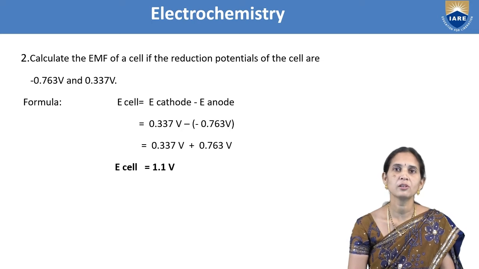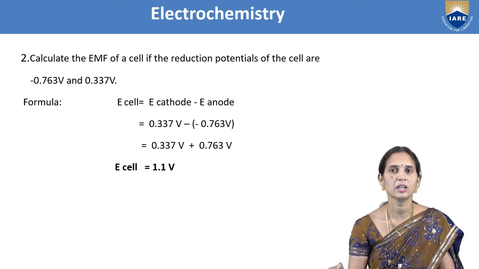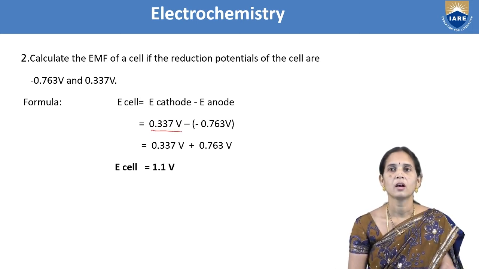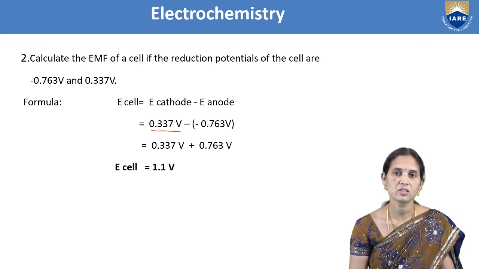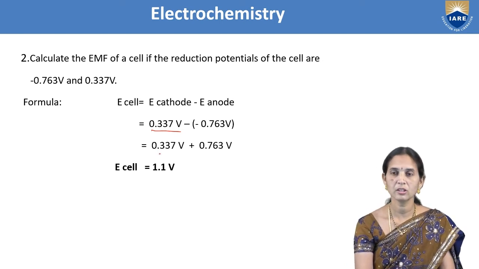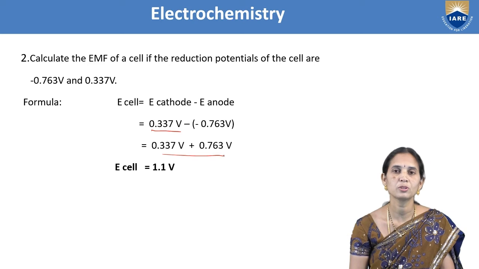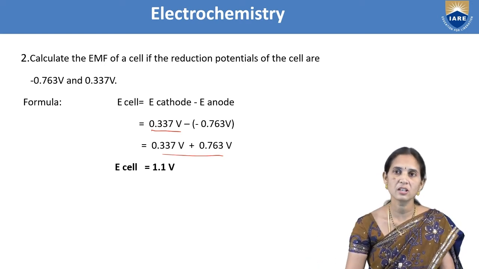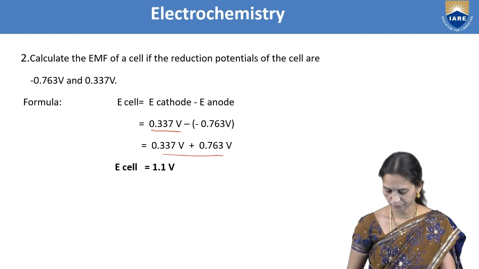The electrode which will act as a cathode will have the positive sign, that is 0.337 volt, minus, in the bracket, minus 0.763 volt, that is the electrode in the cell which will act as anode. So we calculate the E cell, that is 0.337 volt plus 0.763 volt. We get the answer, E cell is 1.1 volt.